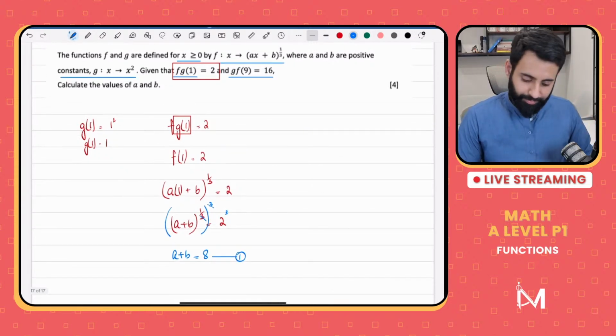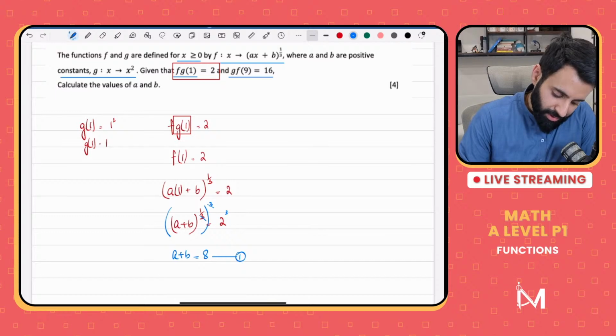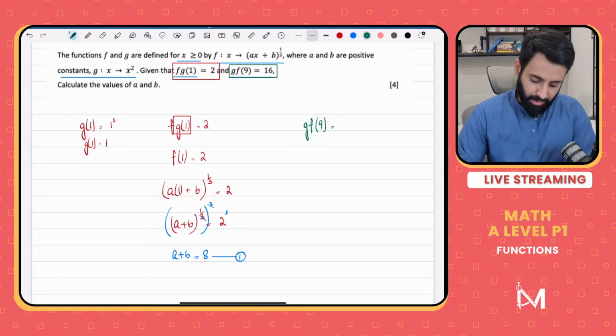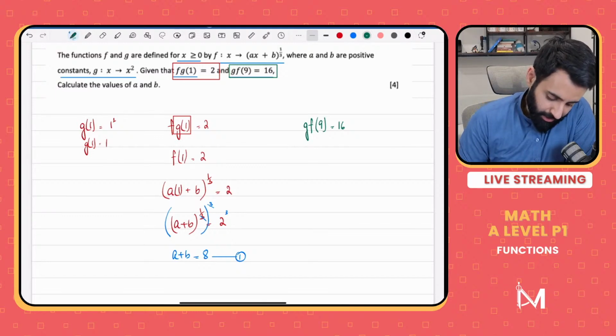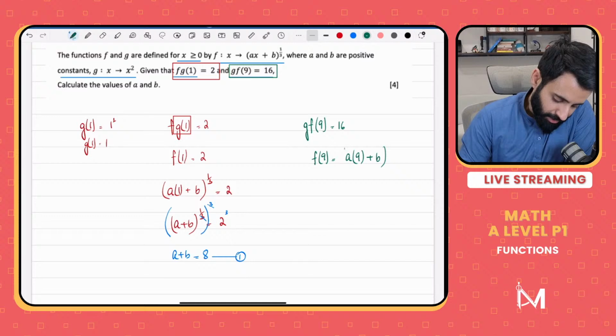Now what's the next piece of information? The next piece of information is g of f of 9 equals 16. Let's break this down. g of f of 9 equals 16 means that first we'll have to find f of 9. f of 9 will basically be (a times 9 plus b) raised to the power 1 upon 3.